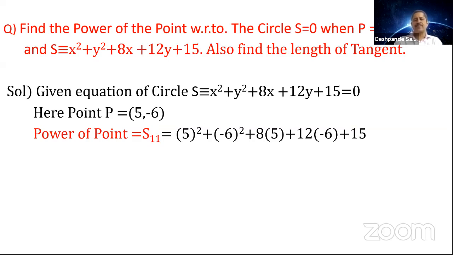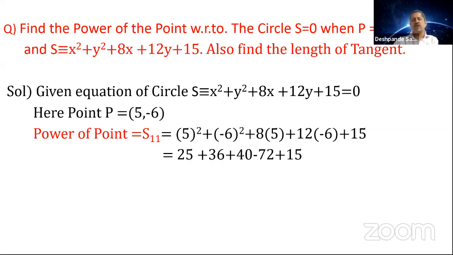What do you get? 5 square, 25, minus 6 square, plus 36, 8 into 5 is 40, 12 into minus 6 is there, so minus 72 plus 15. So you can write 25 plus 36 plus 40 minus 72 plus 15.